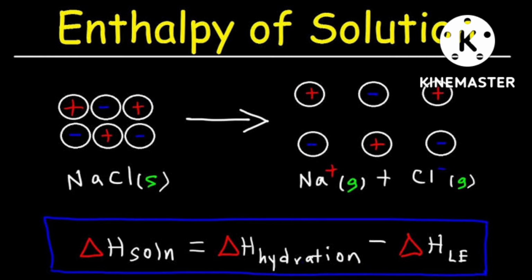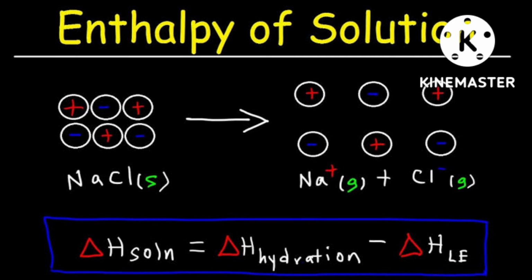Then it will convert to chloride ion. Now see, solid sodium converted into gaseous sodium, and this chlorine gas, half Cl2, converted into the chloride anion in gaseous state. Now both sodium ion and chloride ion are ready in gaseous state.